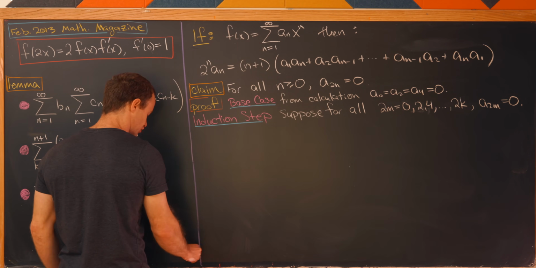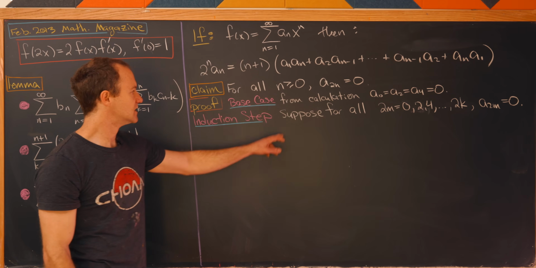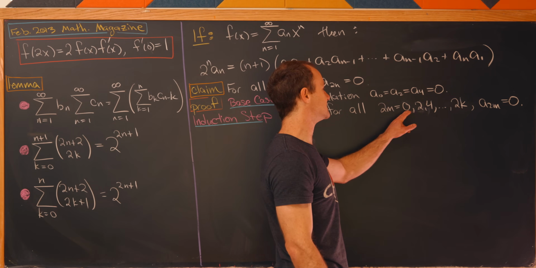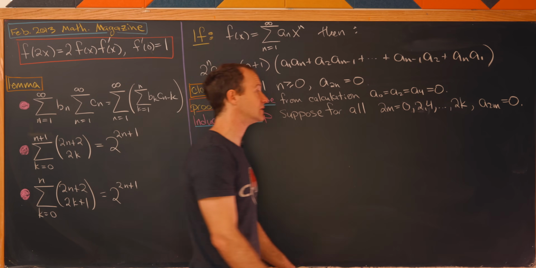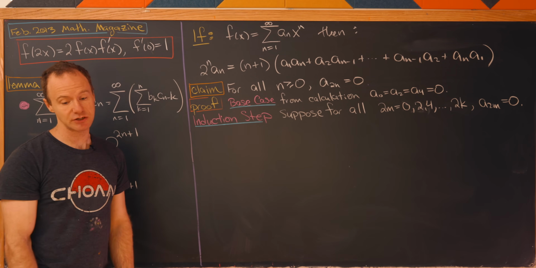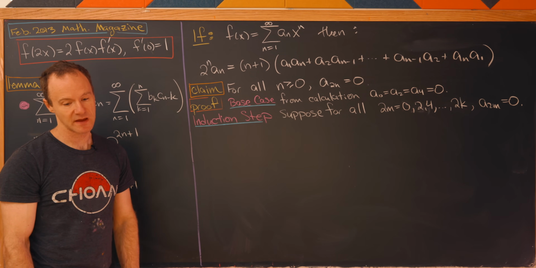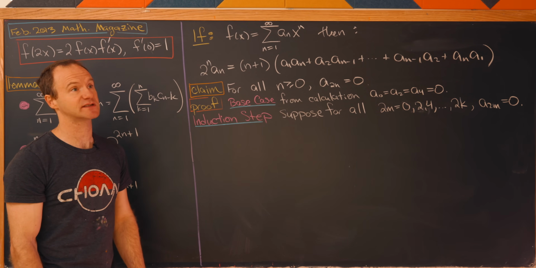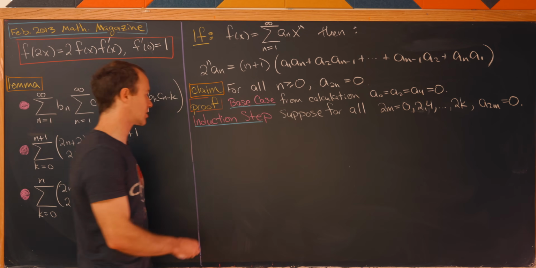We'll use a strong induction hypothesis. Let's suppose for all 2m from the set 0, 2, 4 up to 2k, we have A2m is equal to 0. And now let's look at A(2k+2) using our recursion.